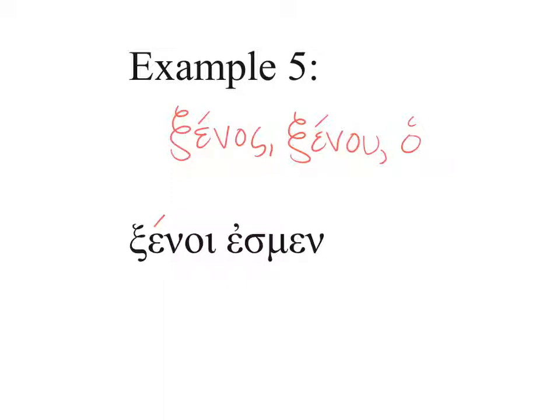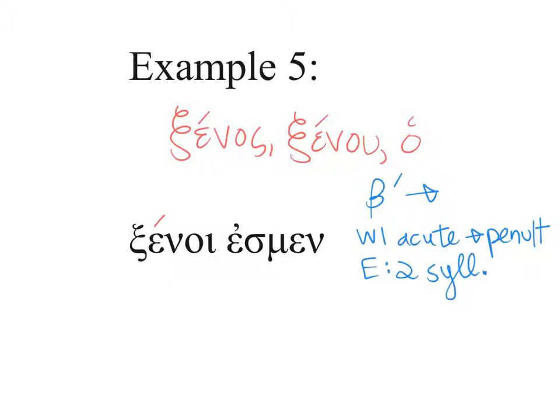Rule beta teaches us about when the enclitic gets an accent. So if word 1 has an acute on the penult and it's followed by a 2-syllable enclitic, so the enclitic has 2 syllables, in that circumstance, then word 2, the enclitic, gets an accent on the ultima.